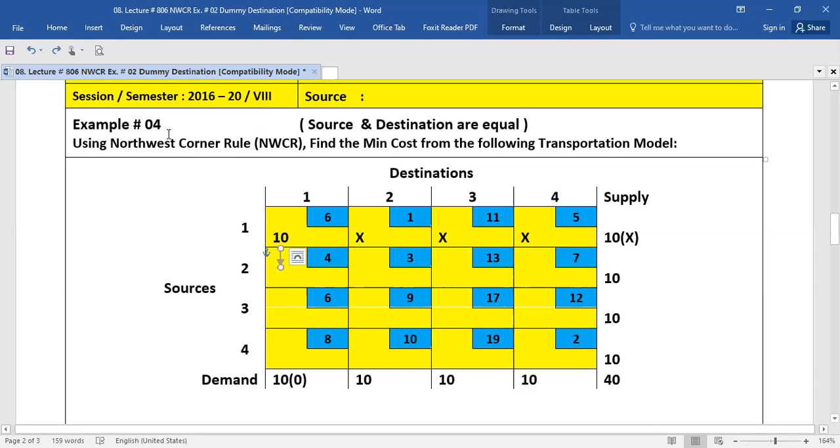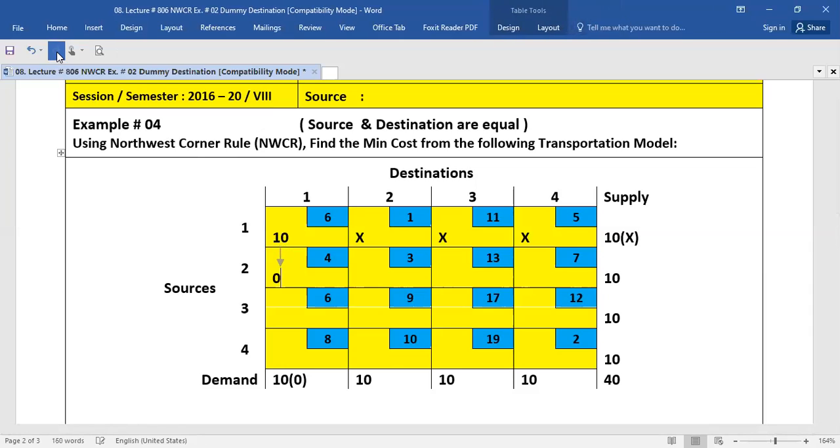So you will put 0 here and will show that 0 demand is now finished or complete. And also put cross signs into the blank cells in its column. Yes, there are no blank cells.